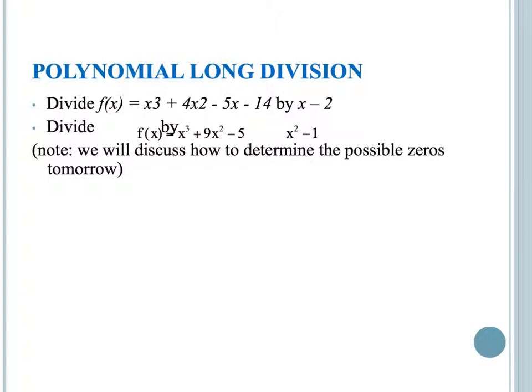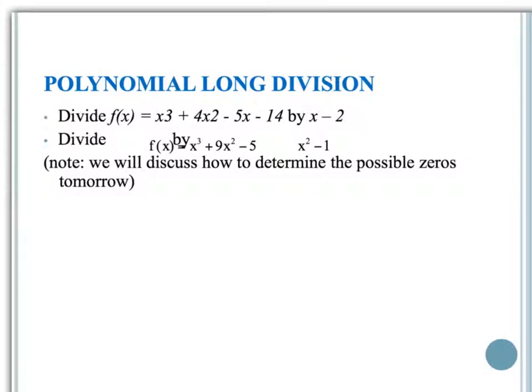So let's see what we can do. x minus 2 goes into x to the third plus 4x squared minus 5x minus 14. Okay, so x times what gives us x to the third? That would be x squared.